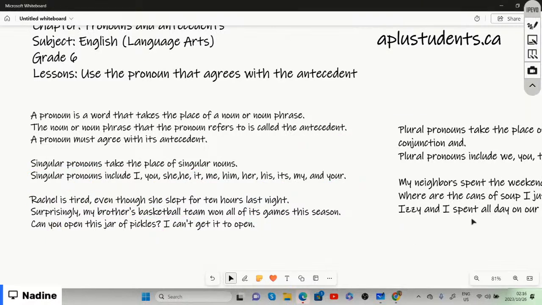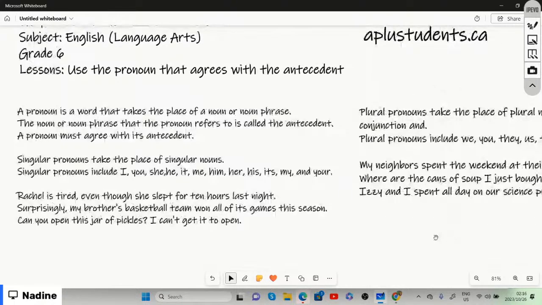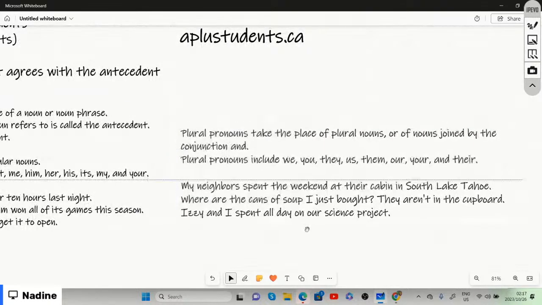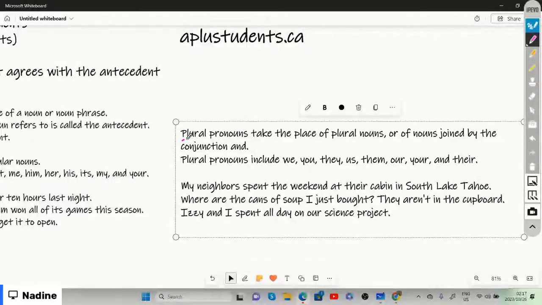So with us having the singular pronoun, we also have a plural pronoun. The plural pronoun takes the place of plural nouns, or nouns that are joined by the conjunction and.